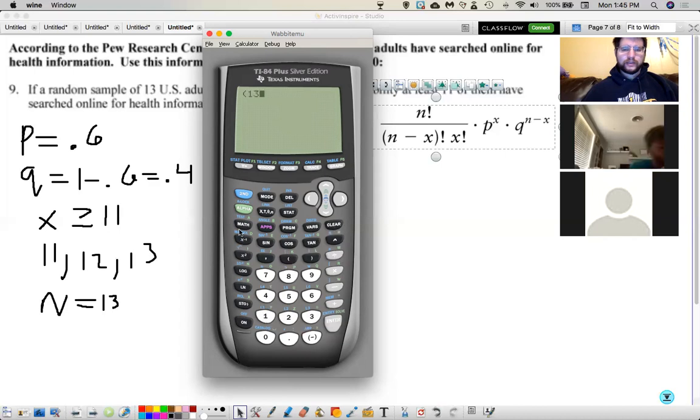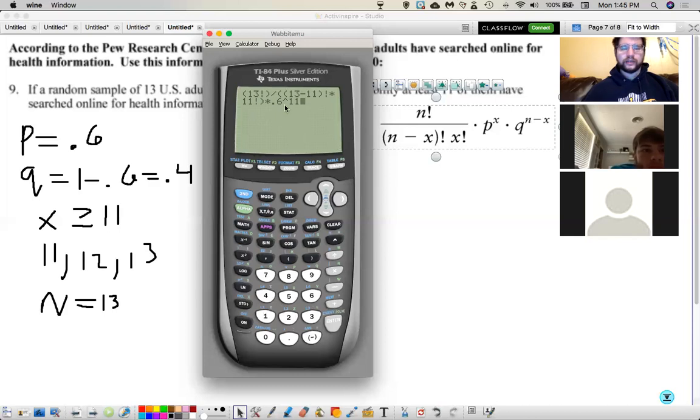So 13 factorial divided by 13 minus 11 factorial times 11 factorial times 0.6 raised to the 11.